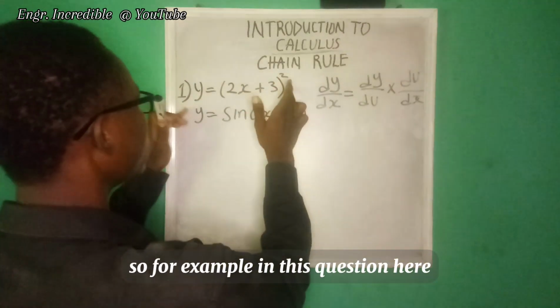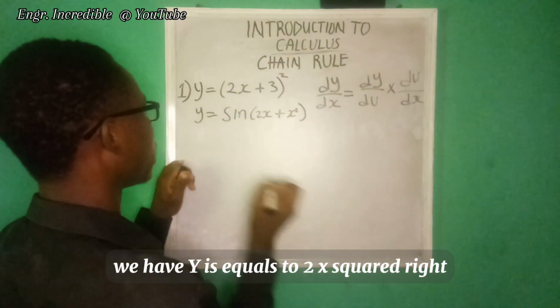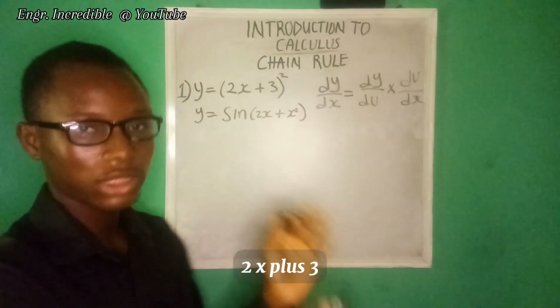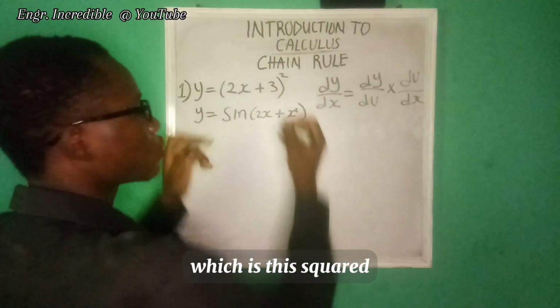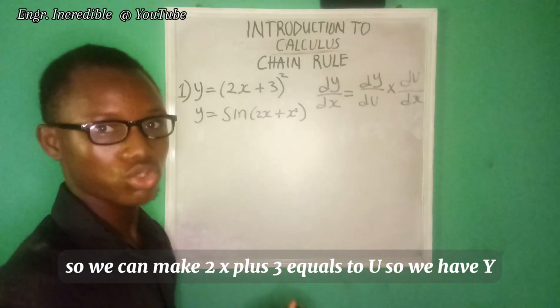So for example, in this question here, we have y is equals to (2x plus 3) squared, right? So that means 2x plus 3 is another function inside the whole function, which is this square. So we can make 2x plus 3 equals to u.